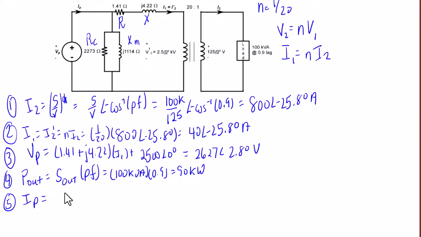So IP is going to equal I1 plus VP over RC plus VP over jXM.